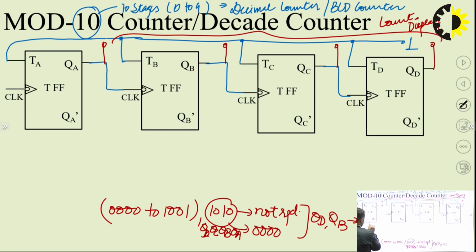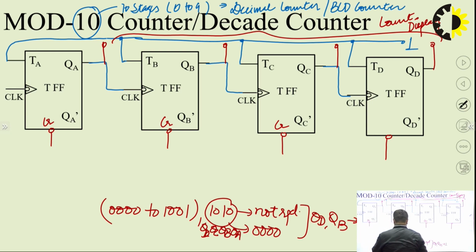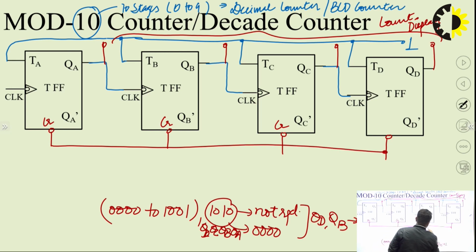So these are the locations of the clear inputs. These clear inputs will be connected to a common point, and I will be using this terminal to activate all the clear inputs.